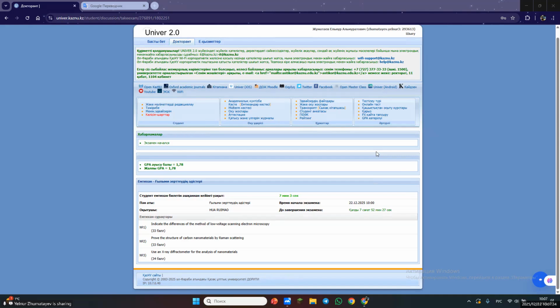Low voltage SEM provides enhanced information from the near-surface layers of the specimen, and this makes it especially suitable for studying surface morphology and surface details.